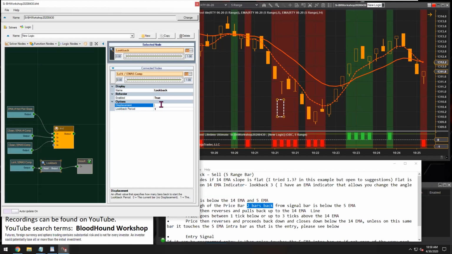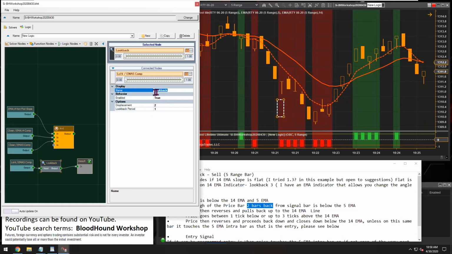So if we displace two bars, let me adjust the name here. Actually, I like to do it this way, just a displacement of 2. Keep that name short. There we go.